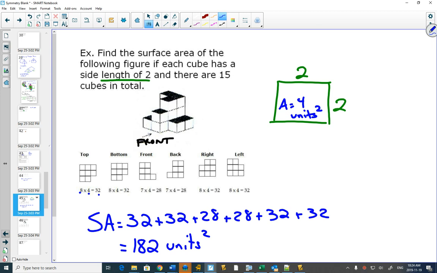Little mental math to add it up. And we get 180. Oh, I made a little mistake. 184 units squared.